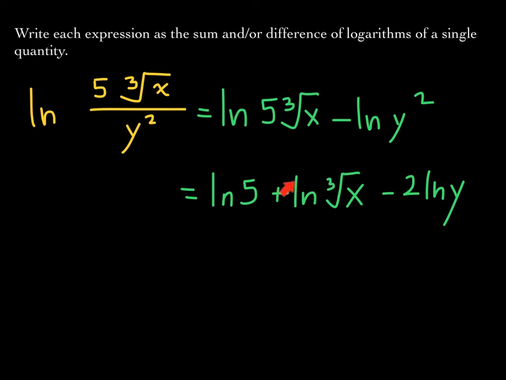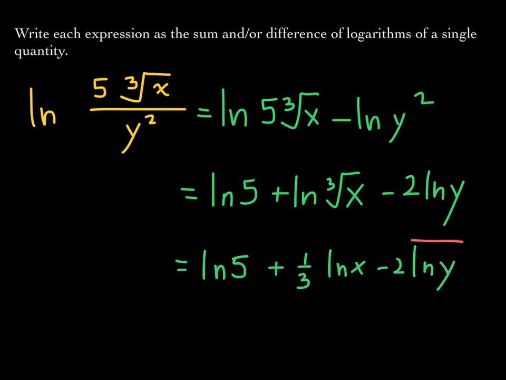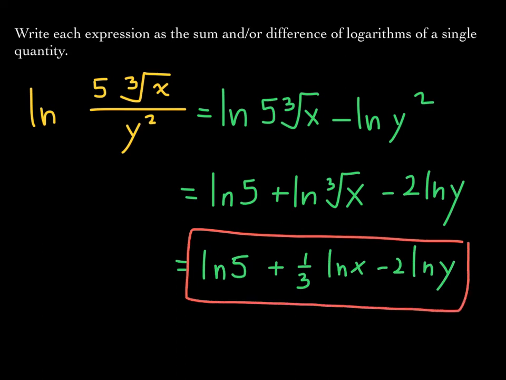So I'll bring down the power of 1/3. So the final answer will be the natural log of 5 plus 1/3 times the natural log of x minus 2 times the natural log of y. So now this expression is a sum or difference of logarithms, all of a single quantity.